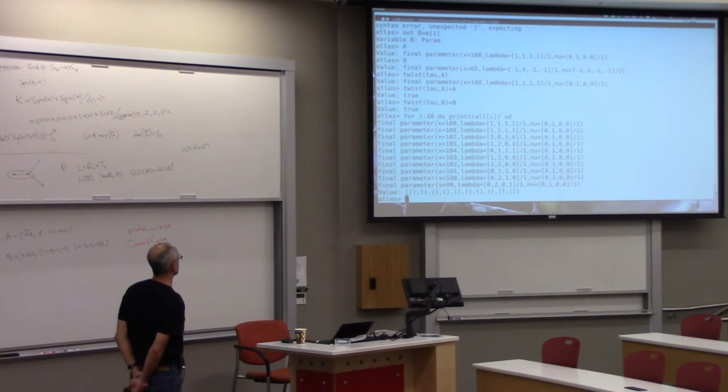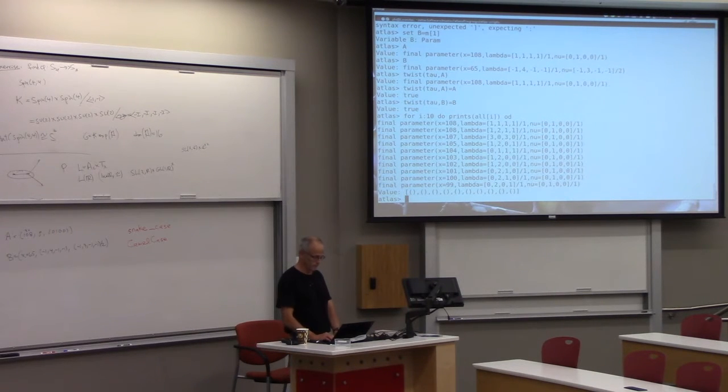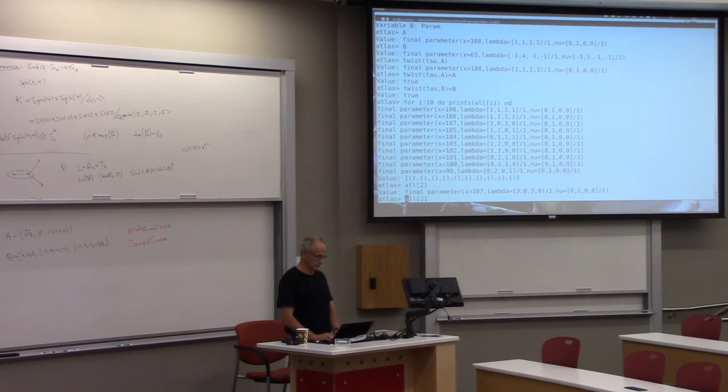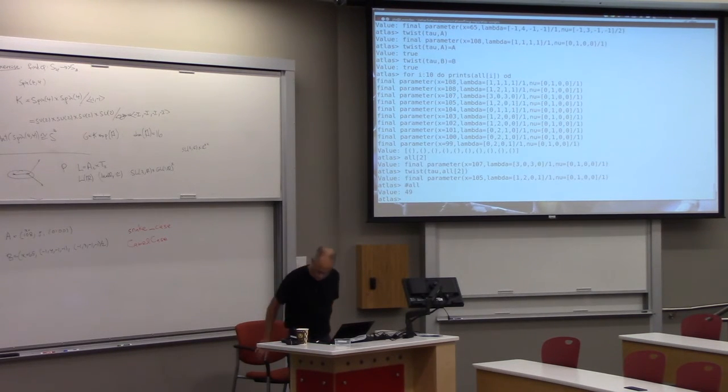Let's look at all bracket 2 and apply tau to it. All is a list, and all bracket 2 is the second element of that list. All was the list of all parameters whose infinitesimal character is the highest root. So let's set P equal to all bracket 2.